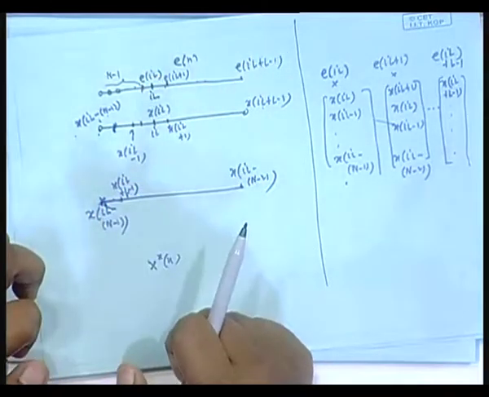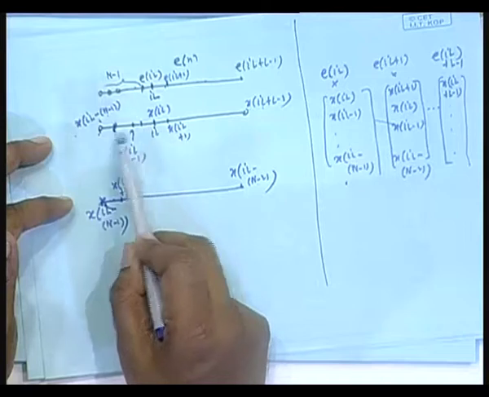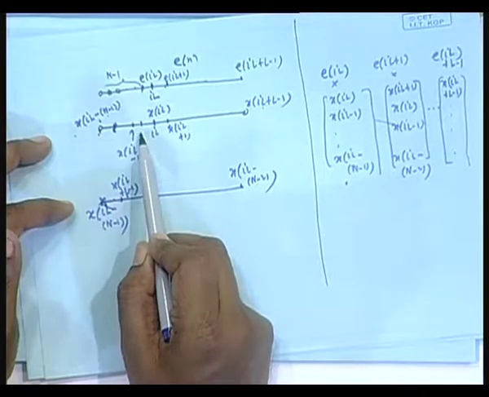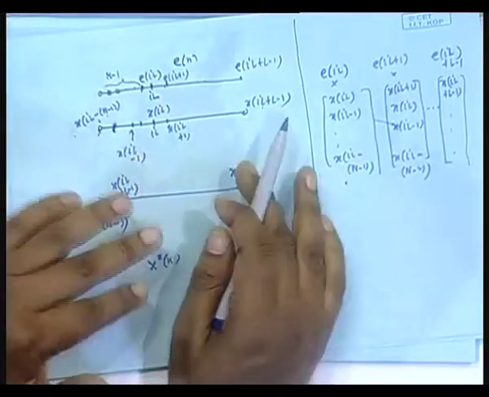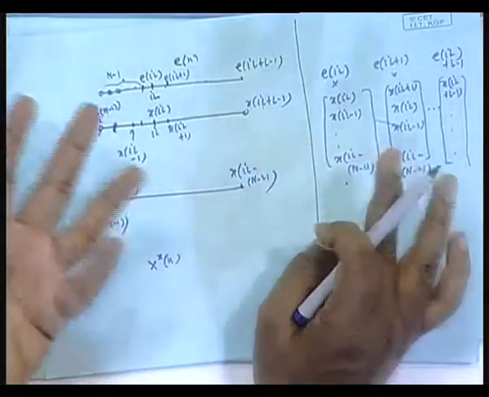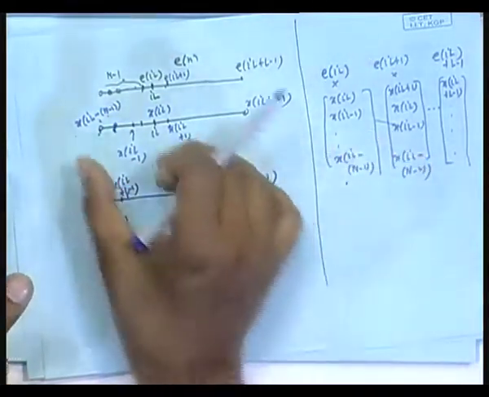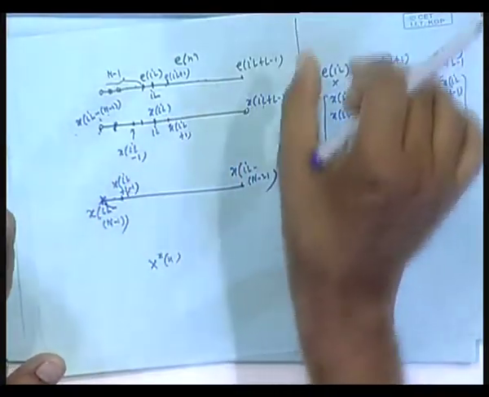If you carry that out and take only the first n, the rest will be garbage, and some garbage will go into the sample wise multiplication with error, but I do not need them. So, take only the first n, then I will get that update term in the weight update formula.